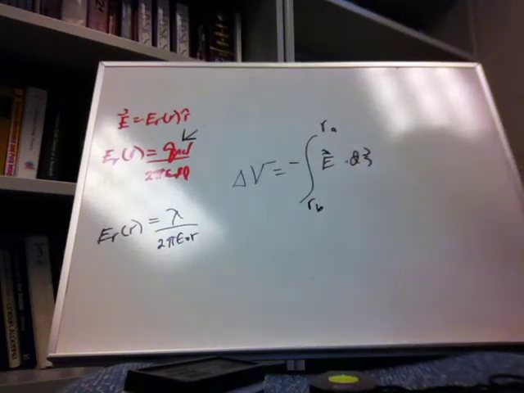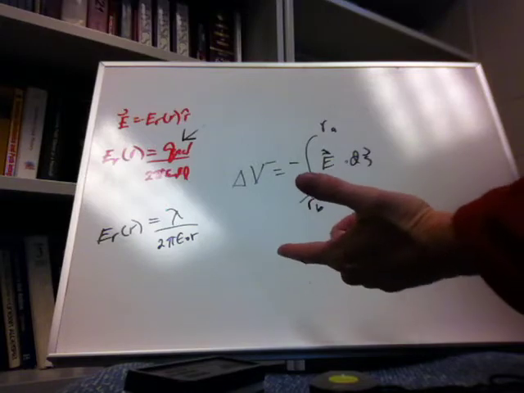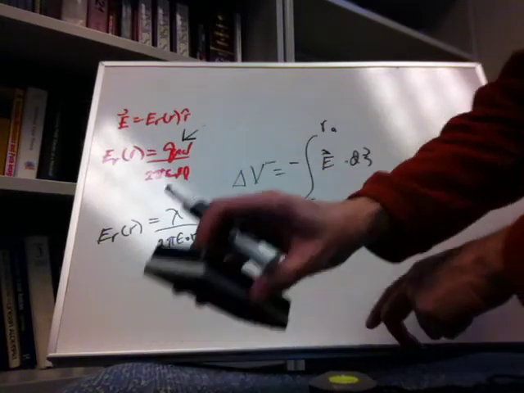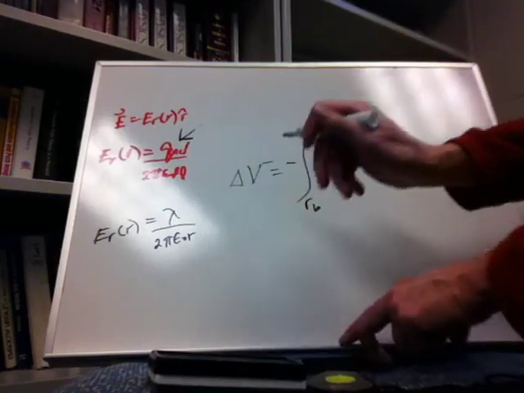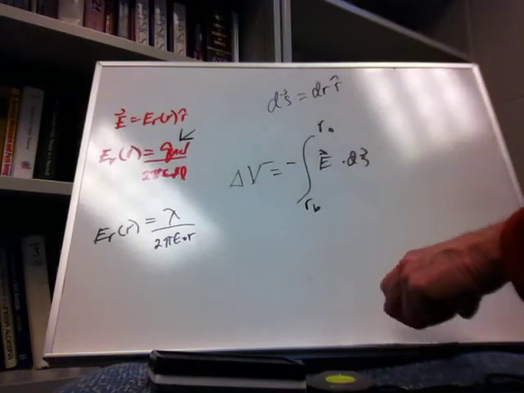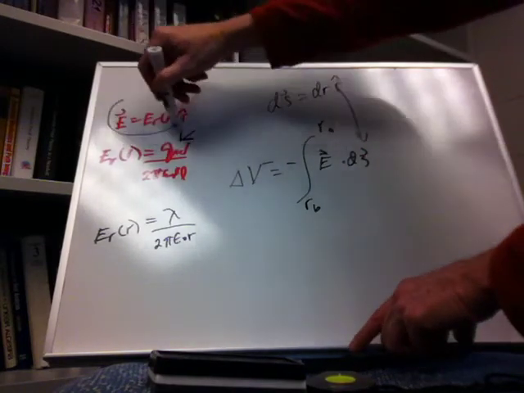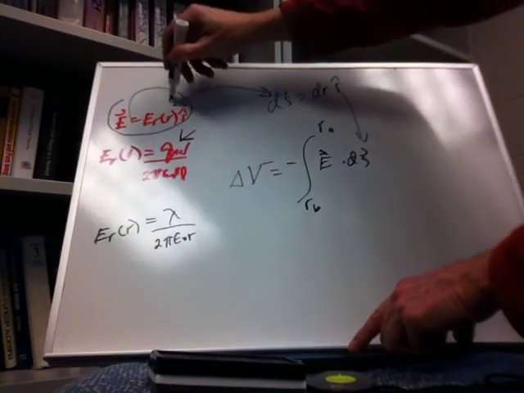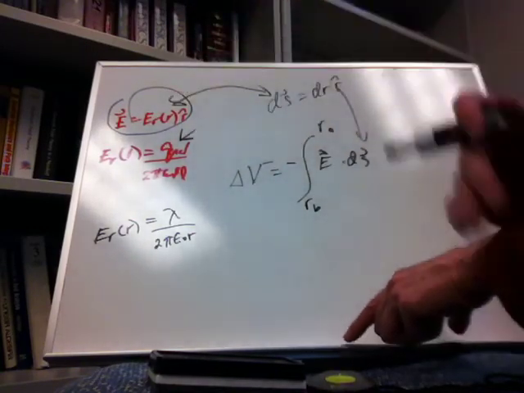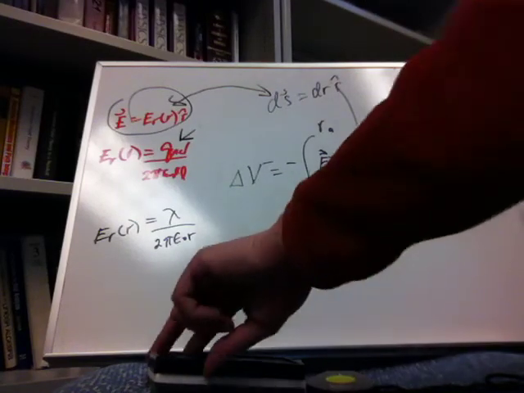Now remember, it's independent of the path, so let's be wise in how we choose our path. Our E field is strictly radial, so let's just choose a radial path. This dot product is very simple. So you just choose ds is just dr r hat. Then when you dot these two guys, r hat dot r hat is 1, and you just have this radial function E, dr, and anti-differentiate, evaluate. No problem.